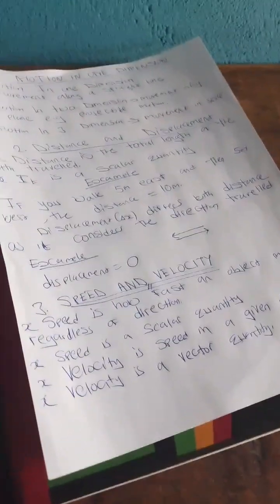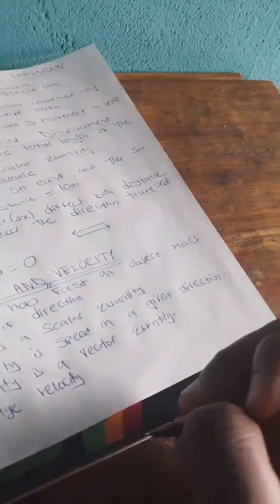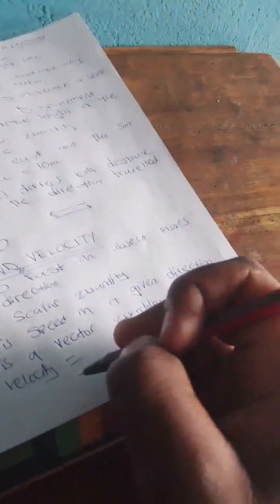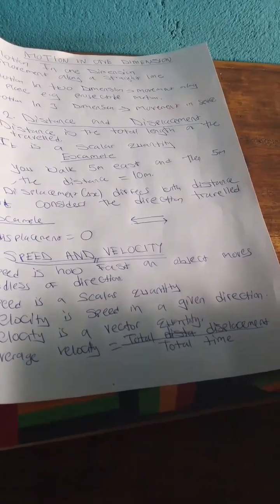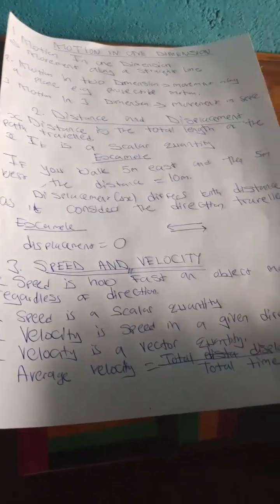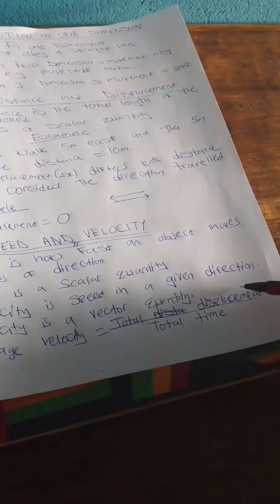Let me introduce the formula for average velocity. Average velocity is equal to total displacement over total time. So that's the formula for average velocity. If it was speed, there would have been distance here, but since it's velocity, there is displacement.